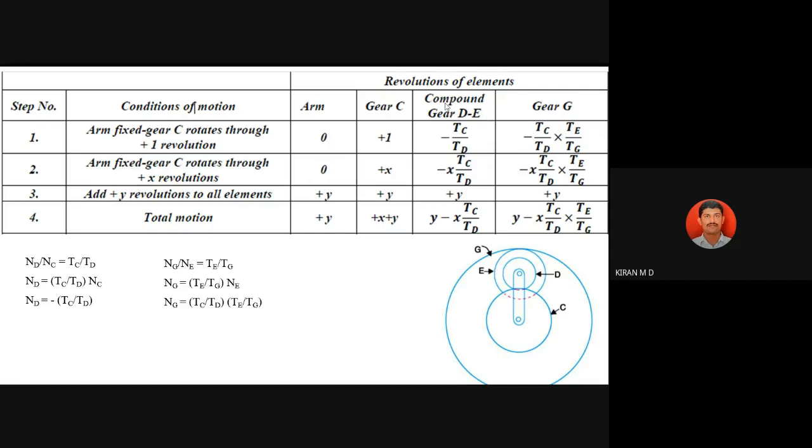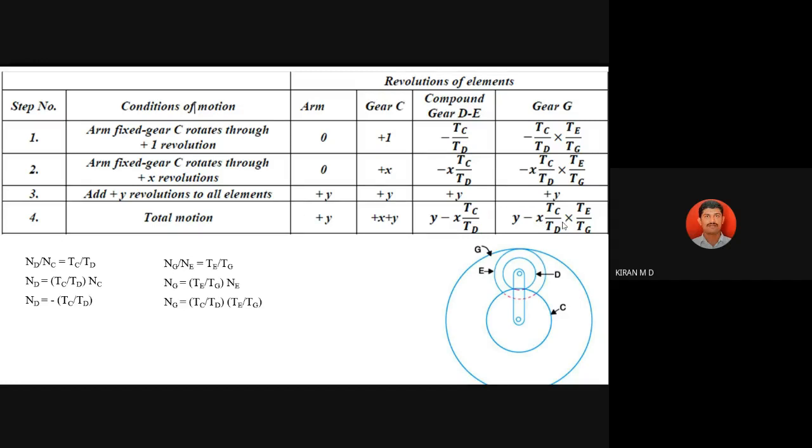This is actually the speed equation we are going to write. These two speeds are the same, which means ND is equal to NE. Then E is mounted with G. So next you write the gear G. Like that, you have to write sequentially. Then we know how to write this speed equation. For these two you write the equation, and you are going to get the final equation.